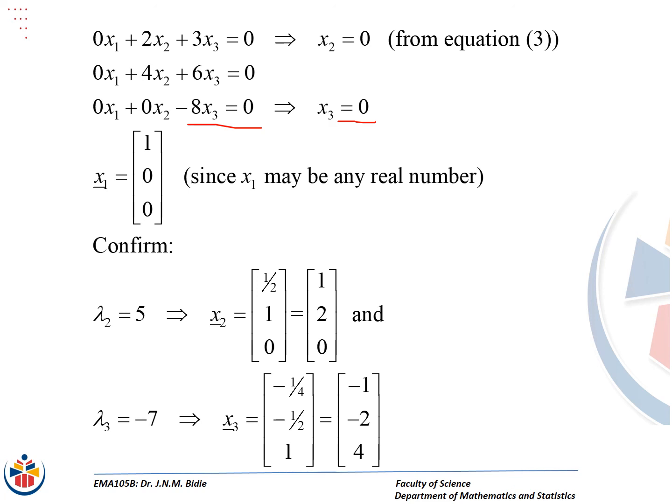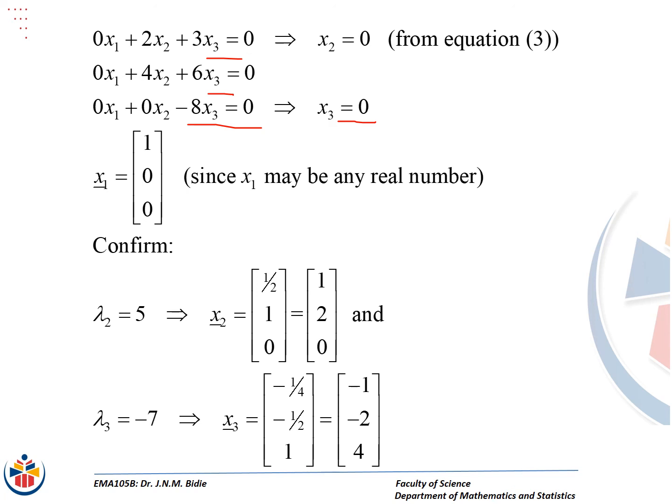From getting x3 equal to 0, you can just get it from equation 1 or equation 2. You will also get that x2 is equal to 0 when you substitute x3 to be 0. x2 will also be equal to 0. So these three equations gave us x2 equal to 0 and x3 equal to 0.